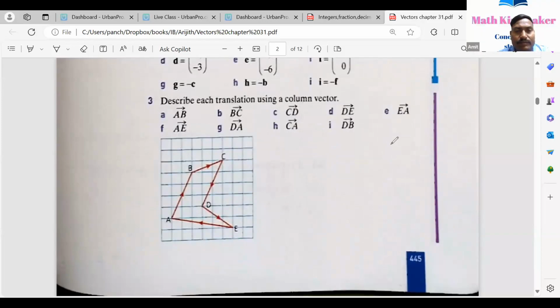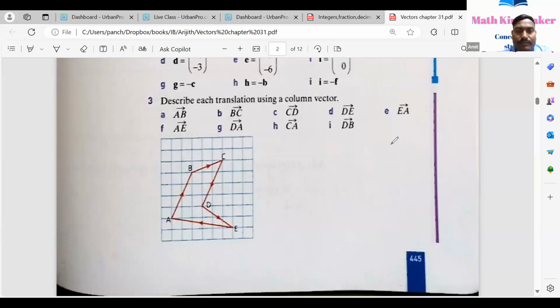CD. So 2 minus 4, -2. C is here, it is going left, so it will be -2. Minus 2, 4, -4. It is going downward.